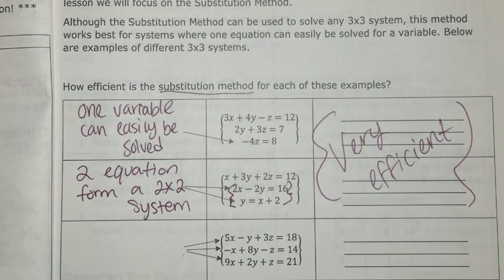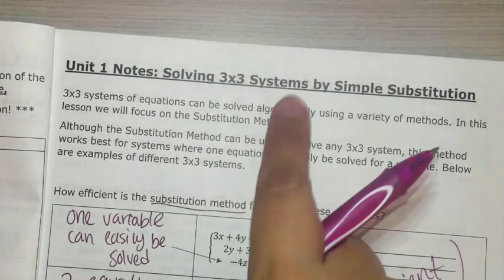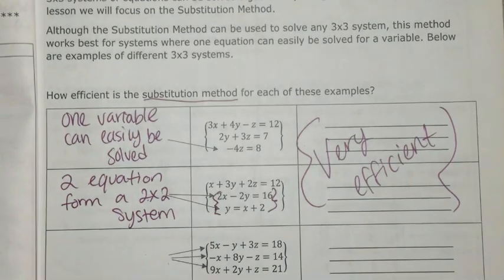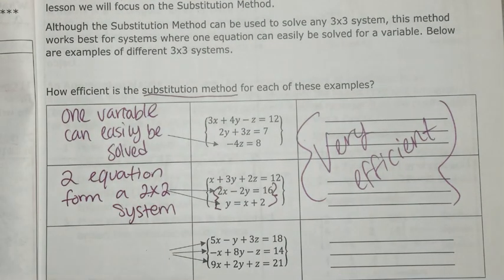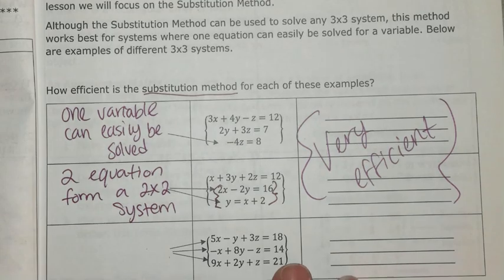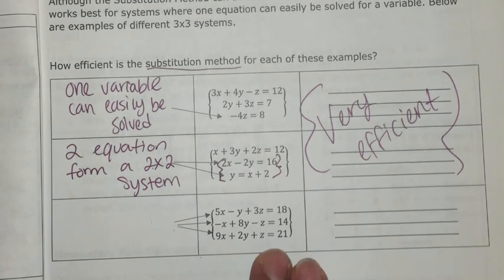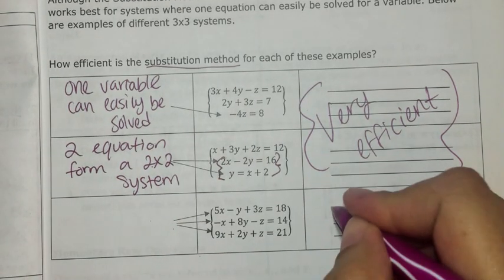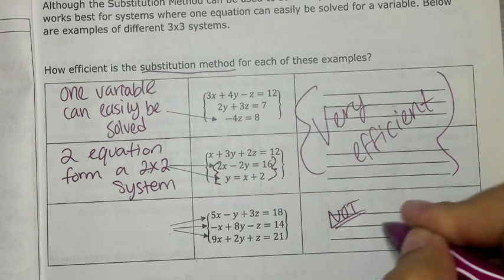There are other methods that we're going to learn for solving 3x3 systems, but in this example, these two setups are very efficient for substitution. The third example is an example of what is not efficient.